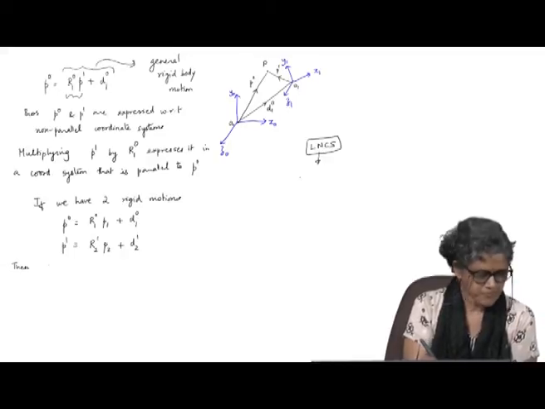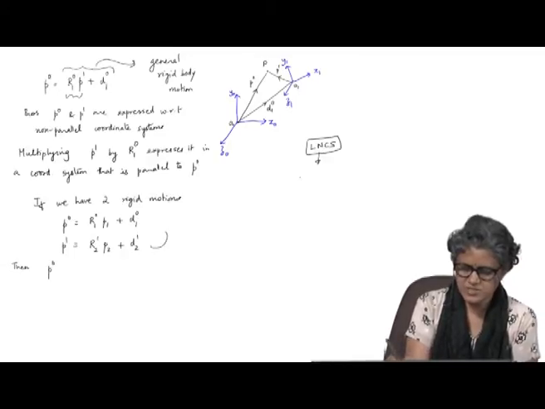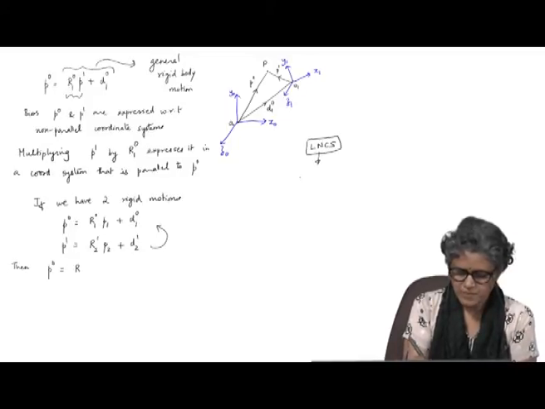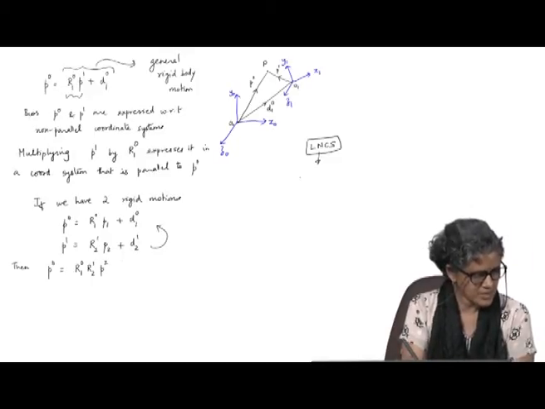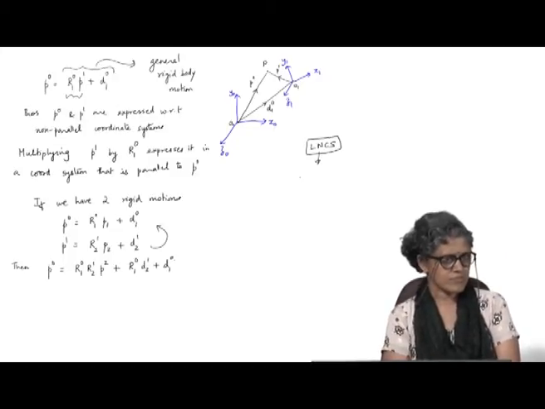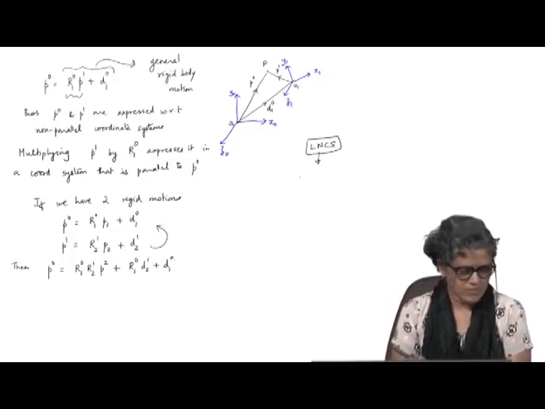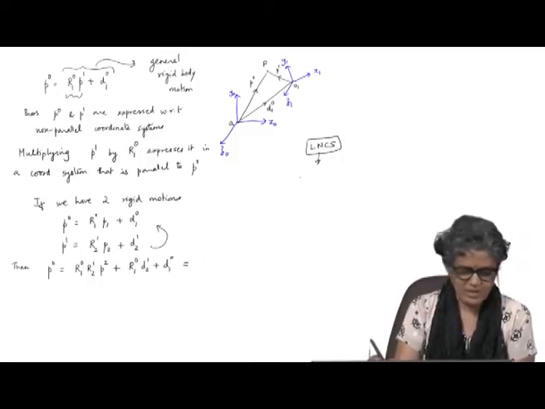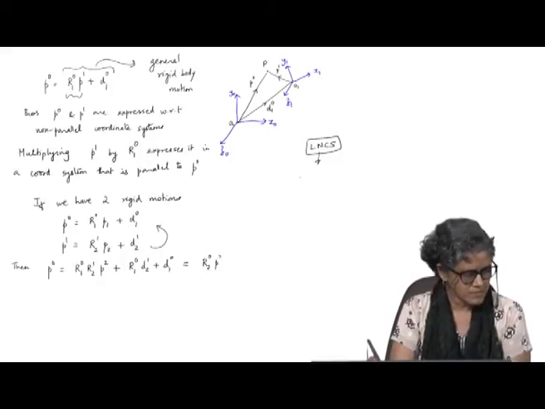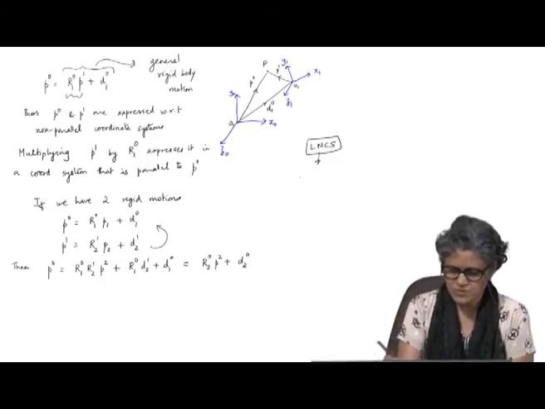Then I can substitute this into this and I will get P0 equal to R10 R21 into P2 plus R10 D21 plus D10, and this I can represent as R20 P2 plus D20.